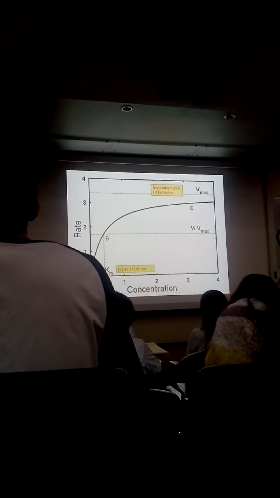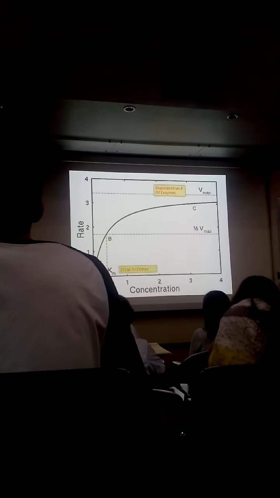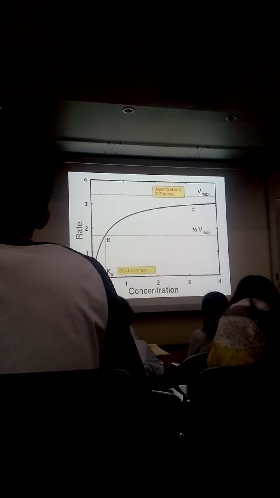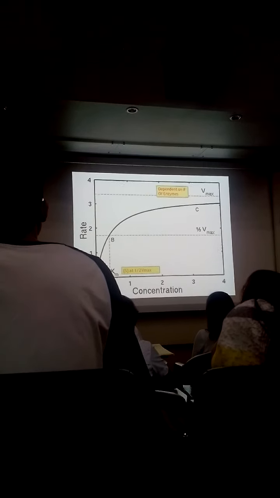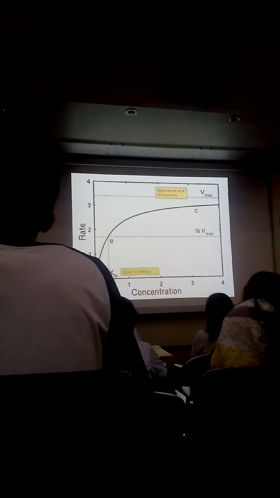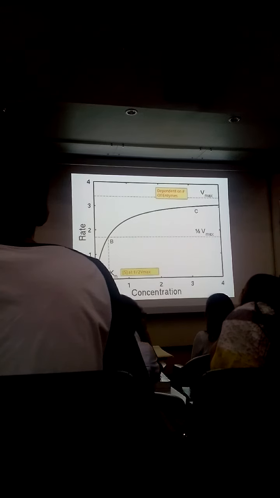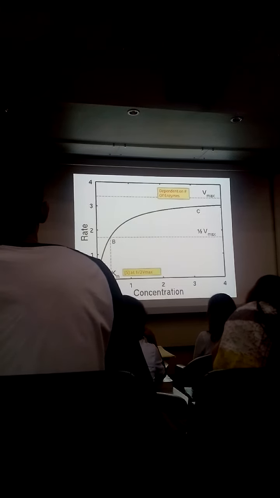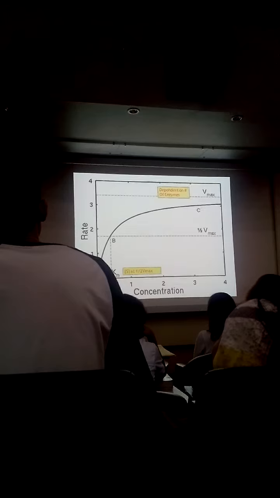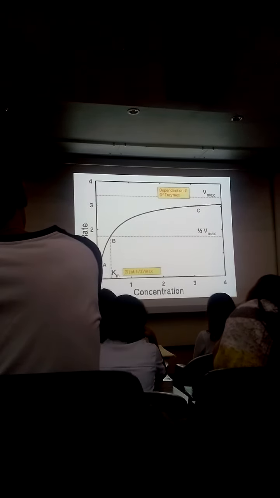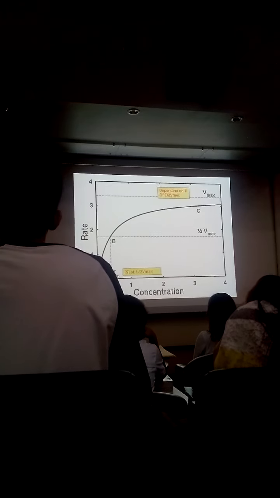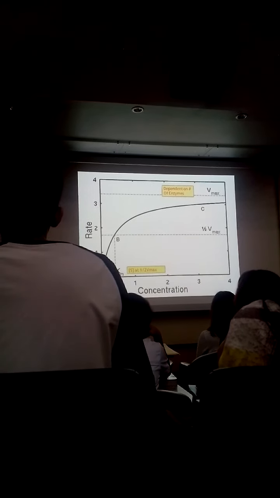Basically, your enzyme is fully saturated, so no matter how much you increase your substrate concentration, your rate of reaction remains the same. So this follows zero order kinetics. And point B would be your Vmax, and your Km is the substrate concentration at half the Vmax.